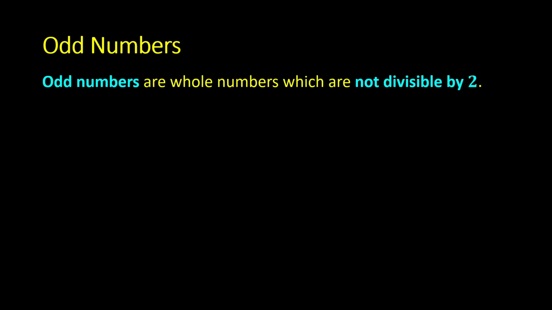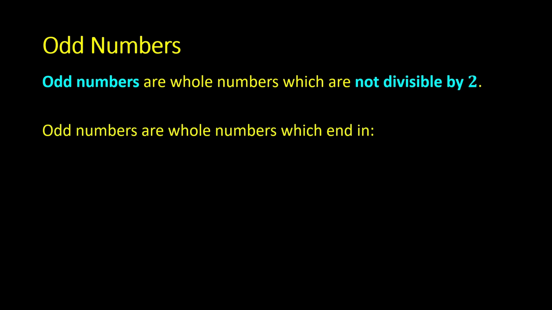Now for the odd numbers. Odd numbers are whole numbers which are not divisible by 2. In particular, they are whole numbers which end in 1, 3, 5, 7, or 9. Let's take a look at some examples. Consider 259. Notice that this ends with a 9, and therefore it is odd.